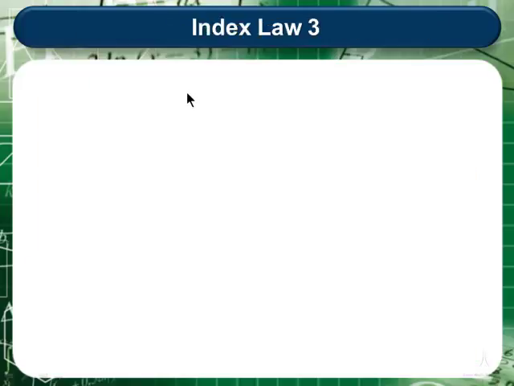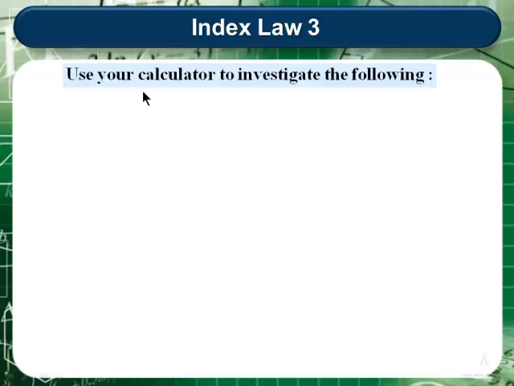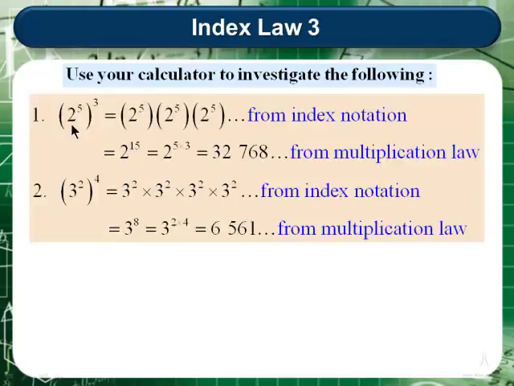Let us look at the third law. You could use your calculator to assist you in this particular investigation, but we should be able to get some idea of this index law. So what do we have here? We have 2 to the power 5, everything to the power 3. Now, from the index notation, you can say that this really means that we must multiply 2 to the power 5 three times by itself.